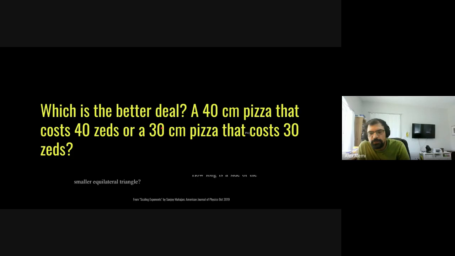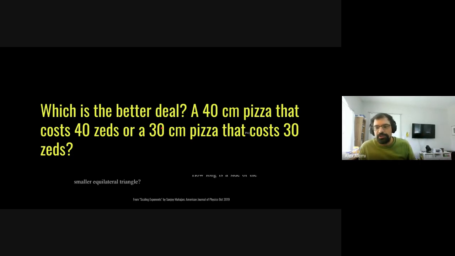The ones that do well write down the formula for the area of a circle, stick in 40 centimeters, divide the area of the pizza by the money for both, equate the two, work out all the math with the factor of pi in their calculator, and say which is the best.